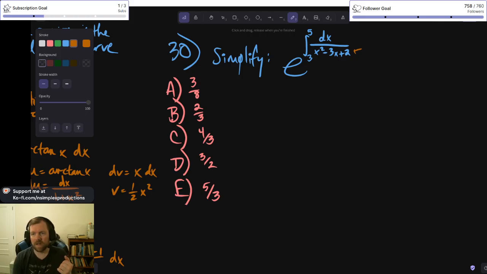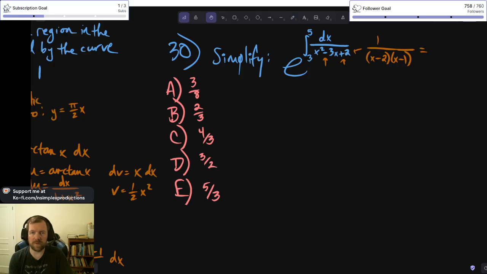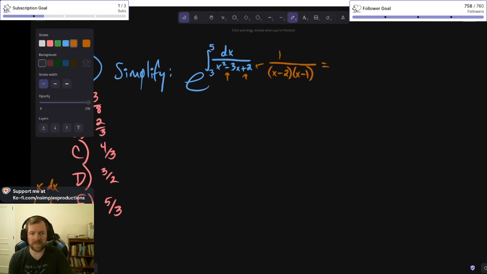Easy enough there. Have to have the same sign based on the plus 2, and the larger sign is negative. So this is going to be 1 over parentheses x minus 2, x minus 1, which we then want as partial fractions, a over x minus 2 plus b over x minus 1.